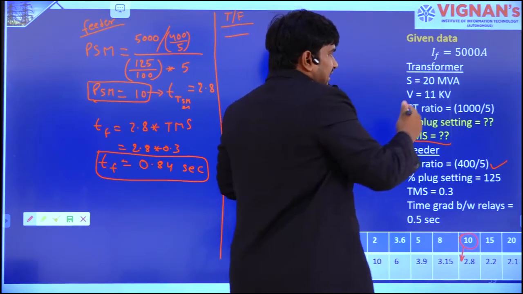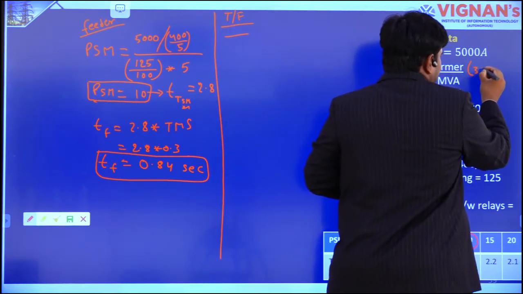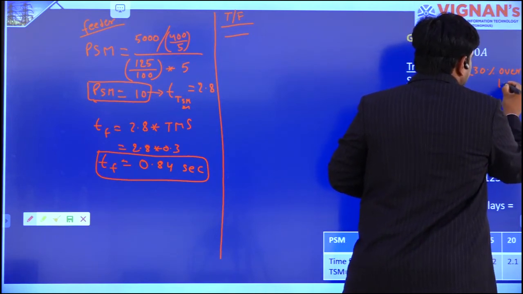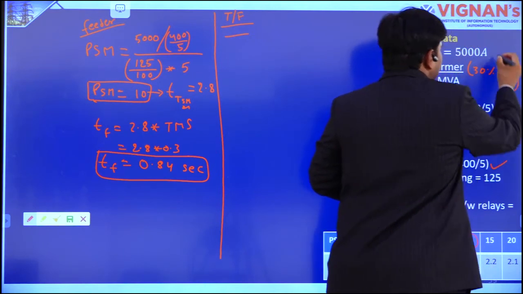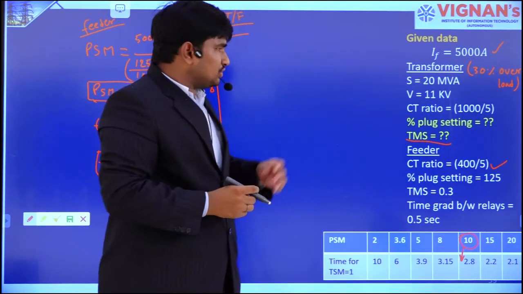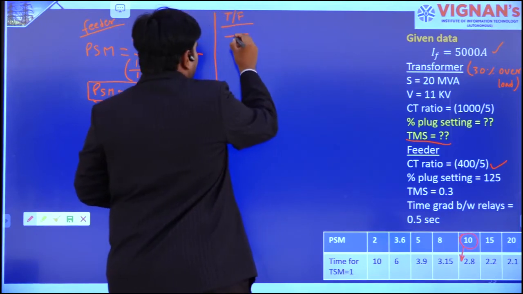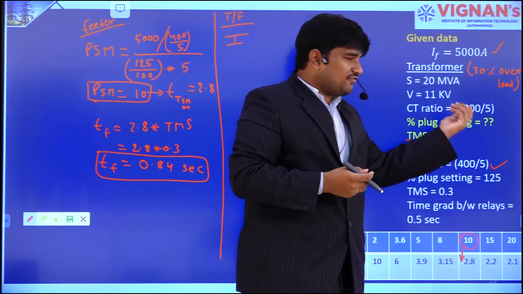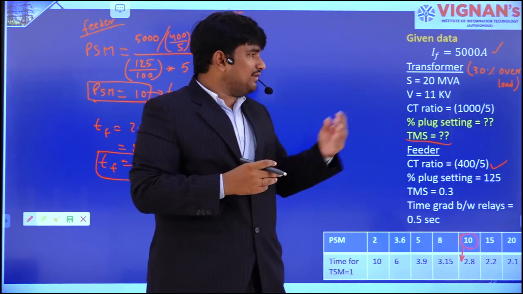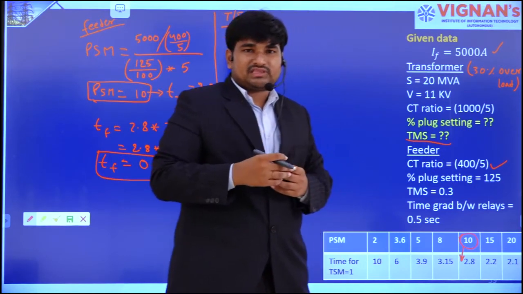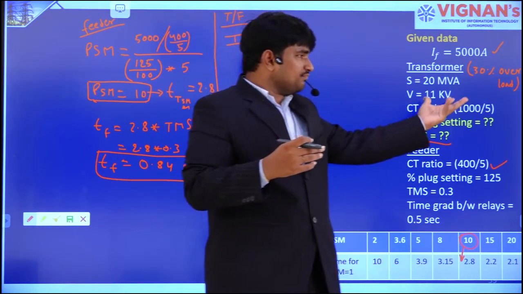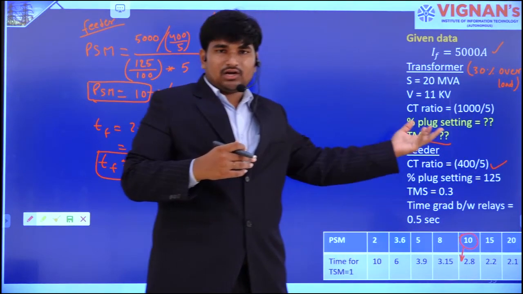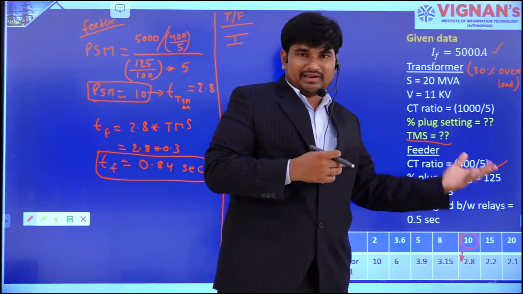In the given data, it is given that the transformer is 30% overloaded because of this fault. So let us calculate the rated current of the transformer, and after that, if you increase this rated current by 30%, it gives the current which is flowing through the transformer relay primary.